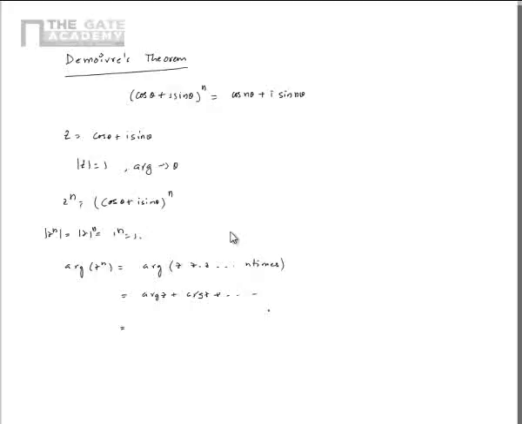So the argument of z is theta, added n times, so this becomes n theta. So you have modulus 1 and argument n theta. So the new number you can write as cos n theta plus i sin n theta.